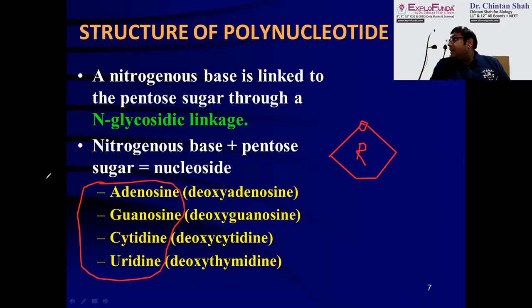If as a pentose sugar we are using ribose, this is for ribose, and if we are using deoxyribose, then the other bracketed things will be considered. So this is for ribose, and this is for deoxyribose.